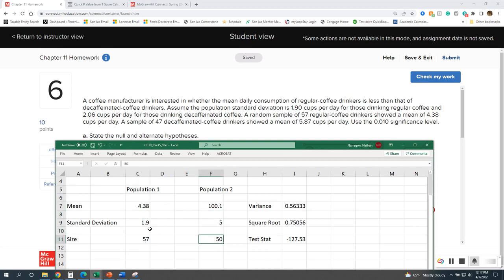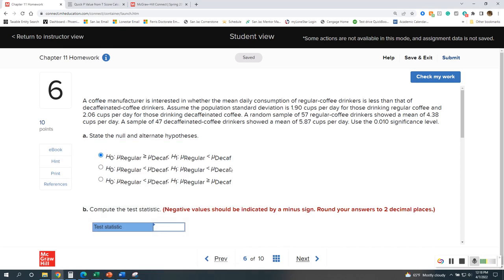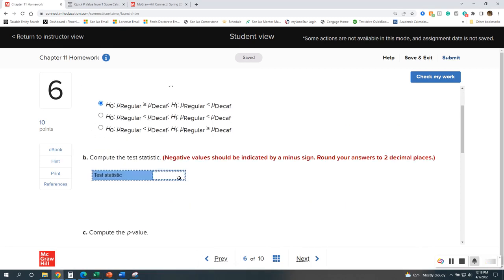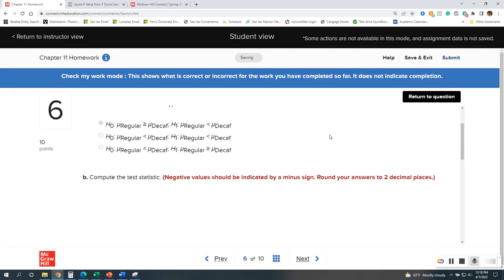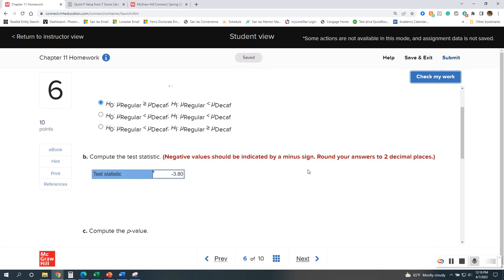Our decaf guys are 47 with a mean of 5.87 cups and a standard deviation of 2.06. So our test stat is showing a negative 3.80. Check. And we are correct.